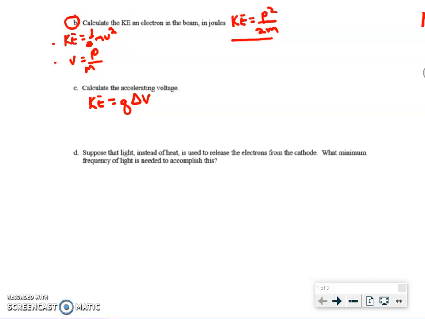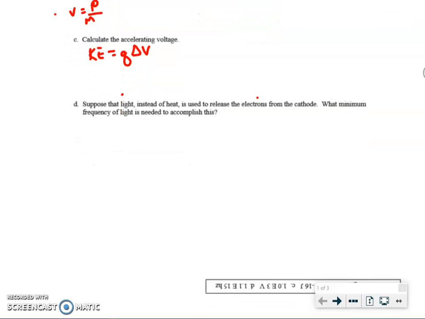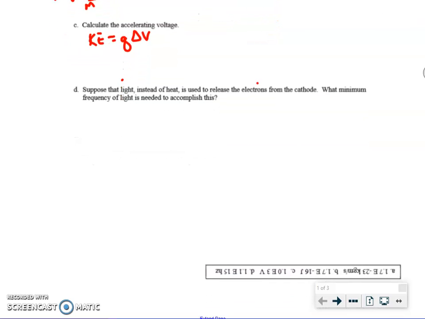Then suppose the light, instead of heat, is used to release electrons from the cathode. This sounds like the photoelectric effect, right? When you have light come in and you are releasing electrons, you are creating a photocurrent. The idea there is, in order to accomplish it, the minimum you need is h times a minimum frequency.